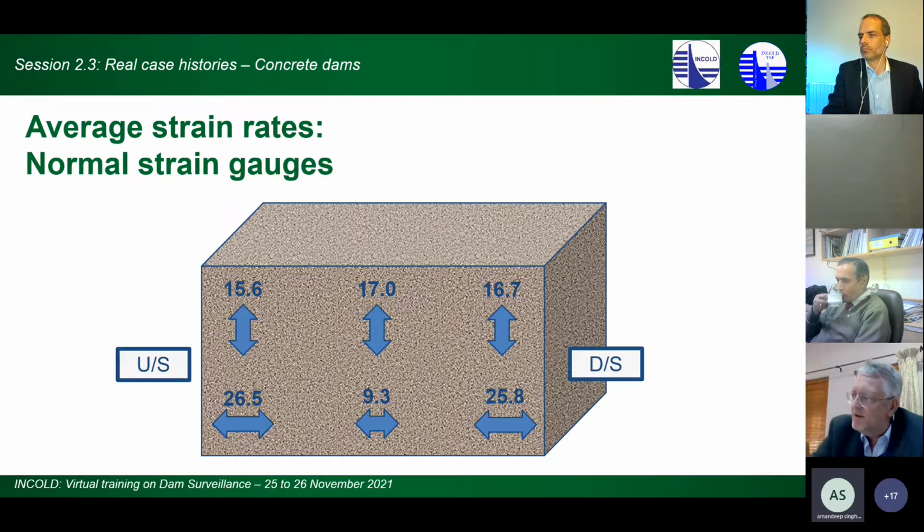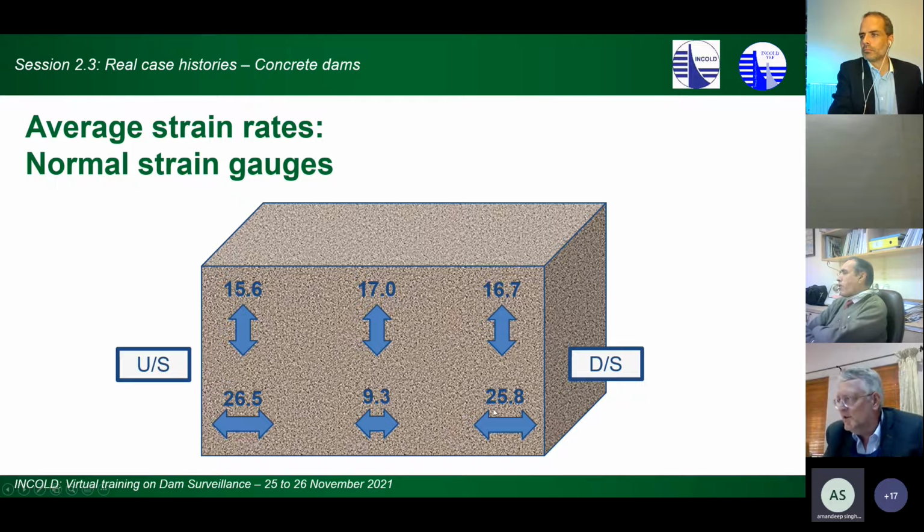There's basically 3 strain gauges installed. So closer to the upstream and downstream side, there's a lot more strain. In the middle where it's constrained, you actually see you don't have that much strain. And that's why you have these differences if you compare the different instruments.